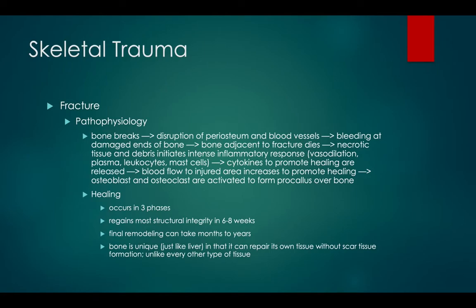So there are a lot of blood vessels in bones, and there are certain bones that are much more likely to bleed than others. For example, if someone experiences a pelvic fracture, you can have massive, massive amounts of blood loss. So anyone who does trauma or ER nursing has probably experienced that firsthand.